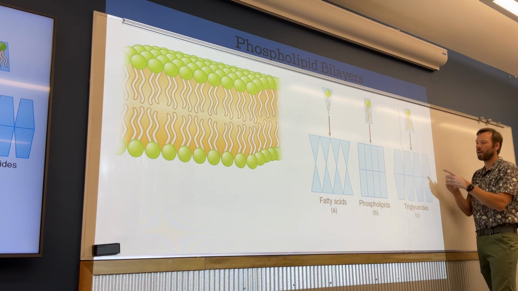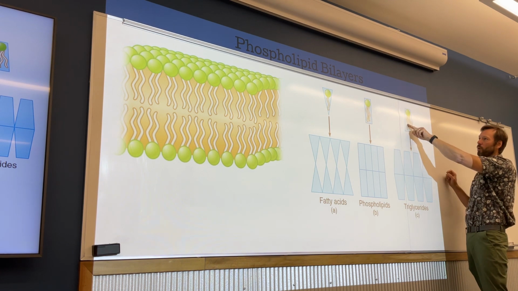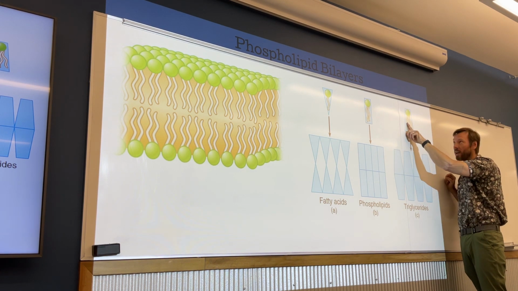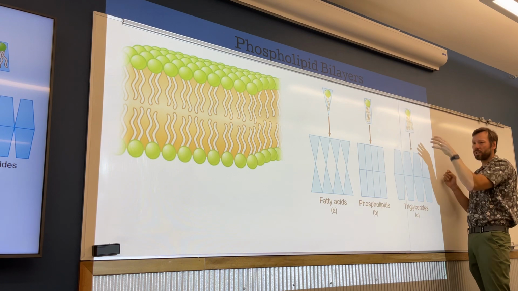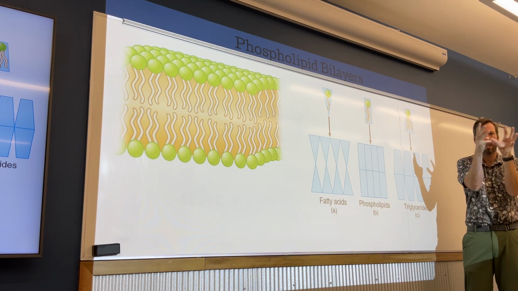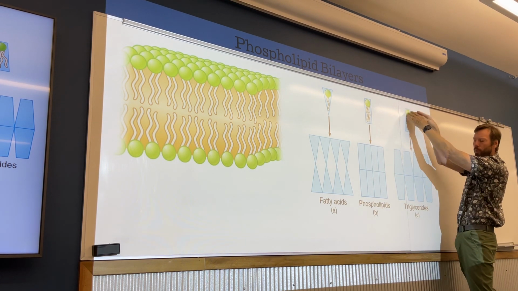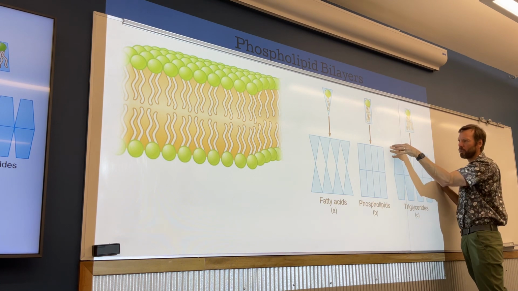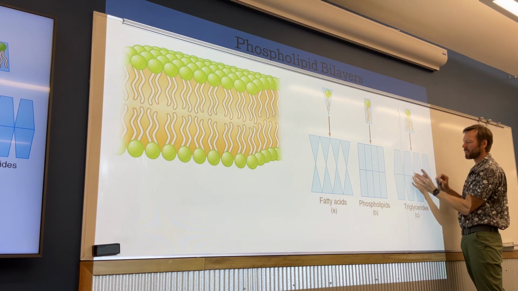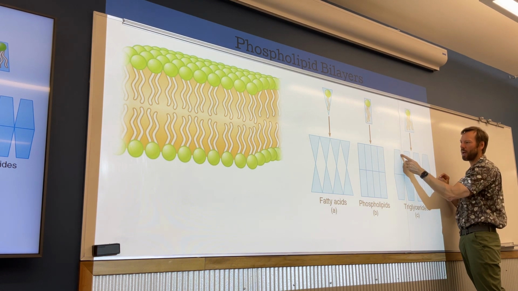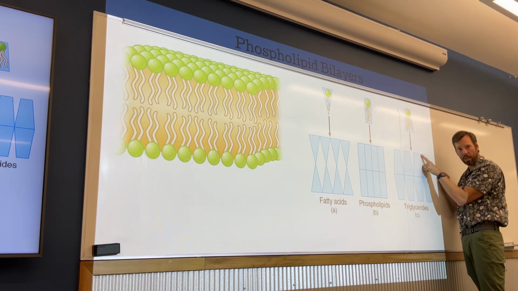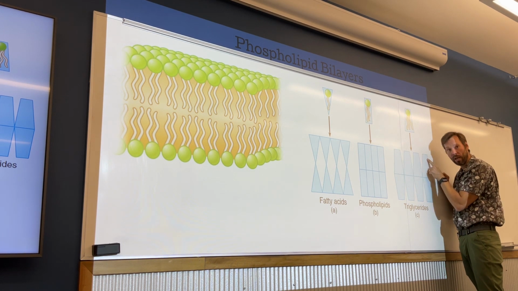With triglycerides, anytime you have a double bond, right, it's going to kink. And so these three tails tend to sprawl out more and become wider than the polar head. And so then you wouldn't be able to stack them nicely together. You'd have these gaps in the polar head region.